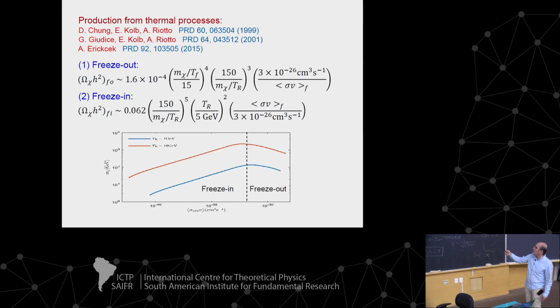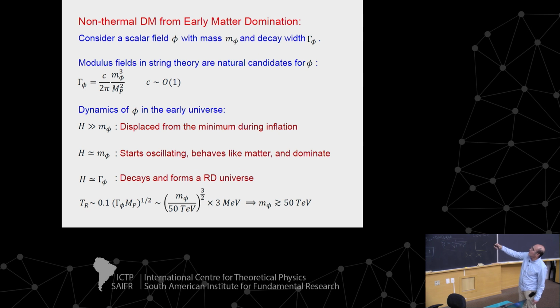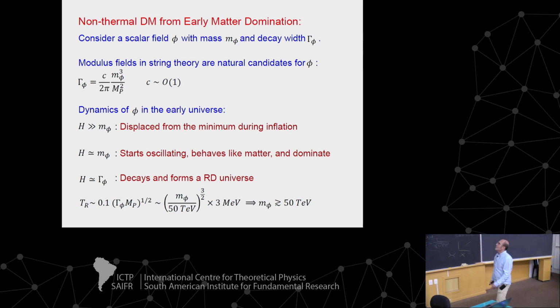So then we can just parameterize the decay rate like that with a constant which can be order 1, maybe order 0.1, order 10. It's difficult to get it very different from 1. And the dynamics of the field is like that. The field is light in the cosmological sense, much lighter than the Hubble rate during inflation. So it means that during inflation, it's displaced from its true minimum. And therefore, there is some energy stored in the field.